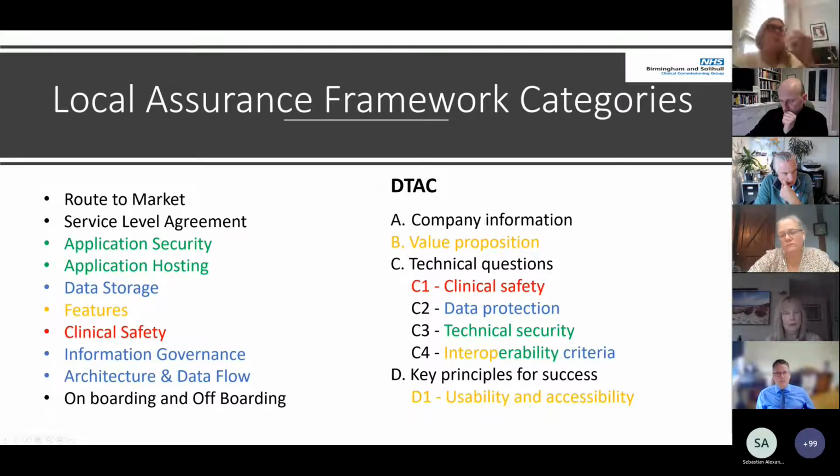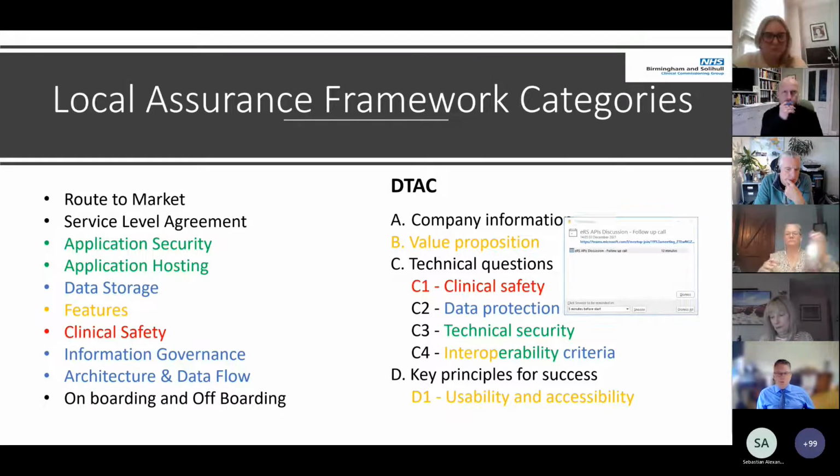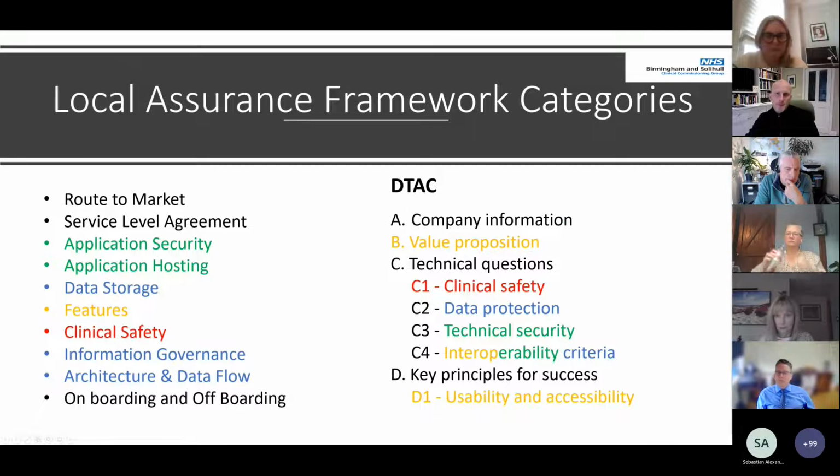I would point out a couple of differences, though. We've got a route to market, service level agreements, and onboarding and offboarding, which are bits of that in DTAC, but not a lot. And this is our localization, because whereas DTAC primarily is about assurance, we're looking at not only assurance but implementation.